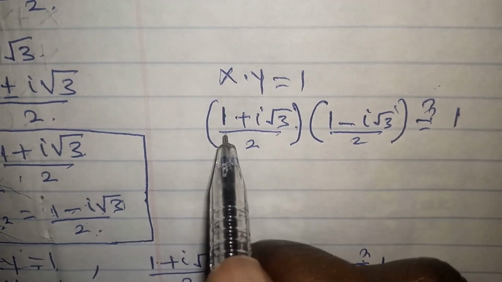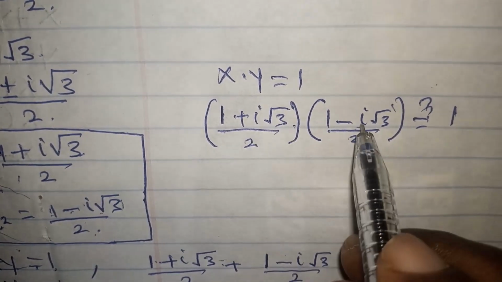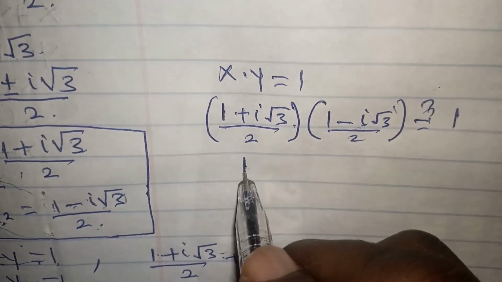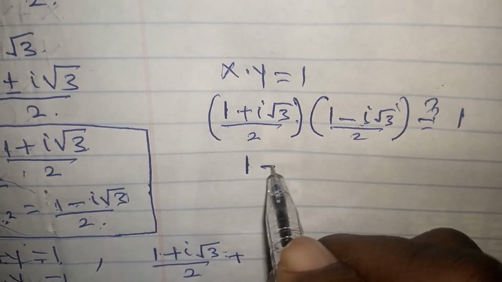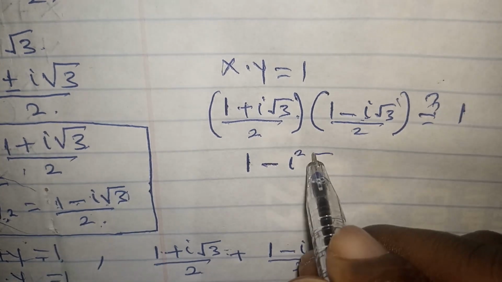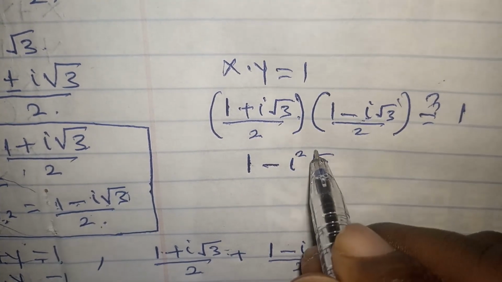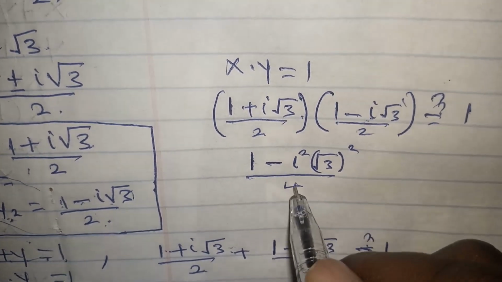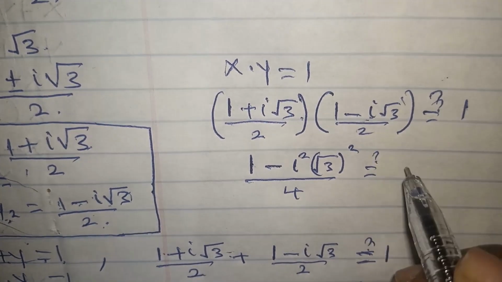Okay, so if we break this bracket, what are we going to arrive at? We are going to arrive at 1 minus i squared times root 3 all squared over 4 equals 1.